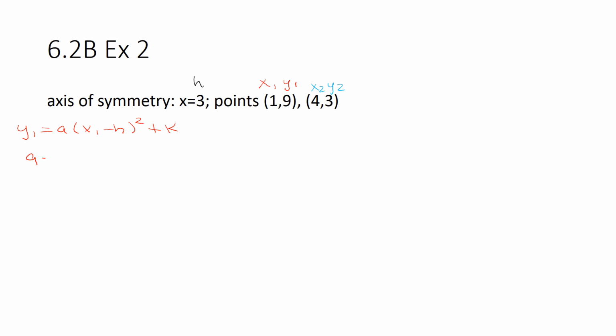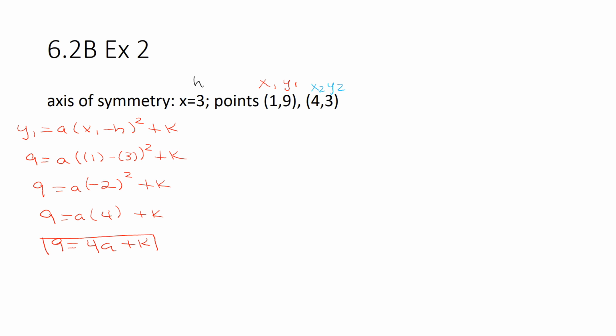So plug in your values. 9 is equal to a times 1 minus 3, quantity squared, plus k. Simplify that. 1 minus 3 is -2, quantity squared, plus k. Keep going. -2 squared is 4. And then we rewrite it to make it pretty. 4a plus k. Okay, so that's our first equation.